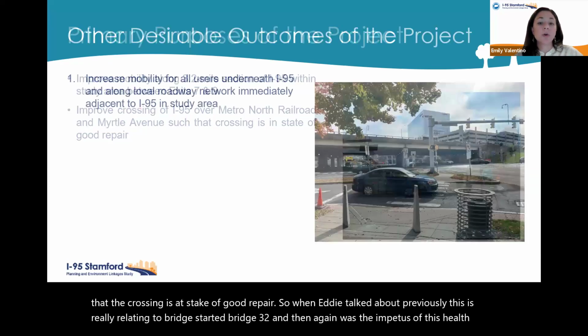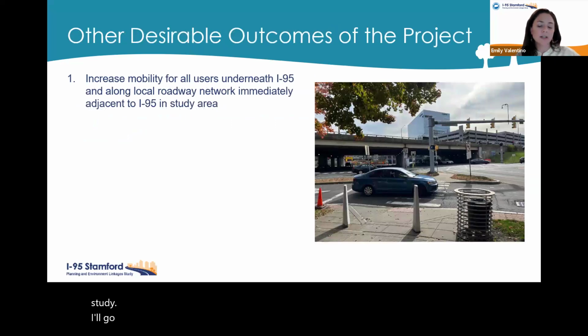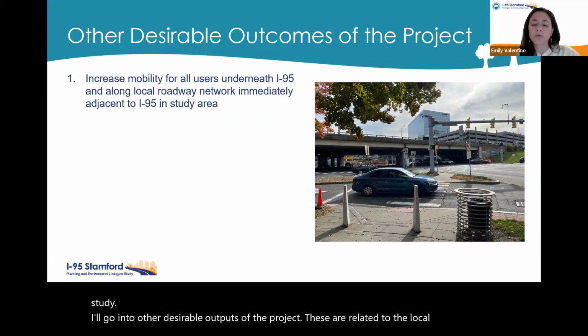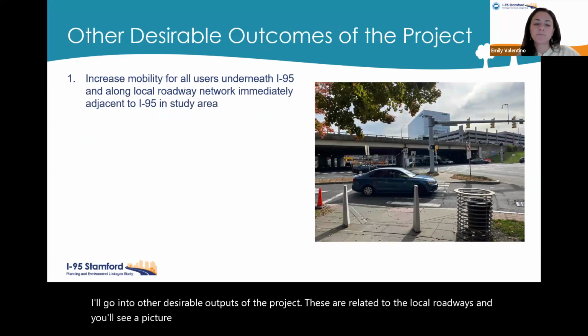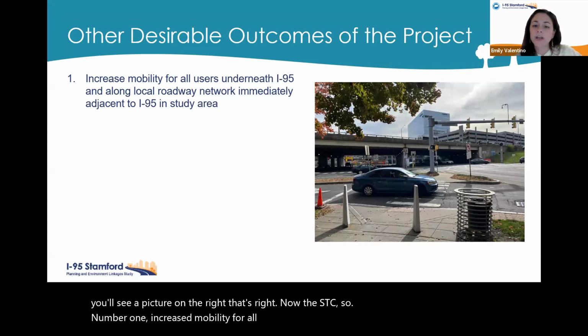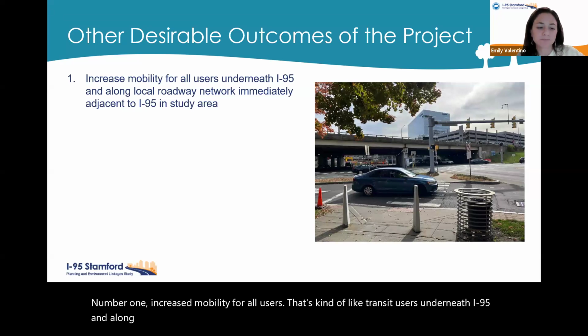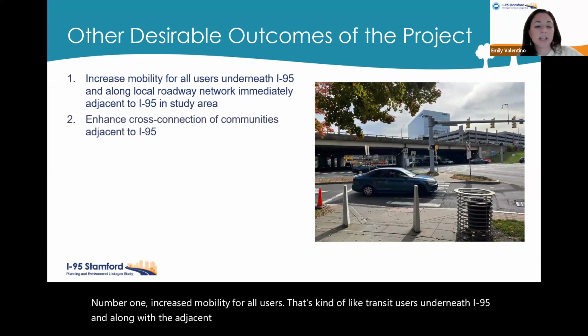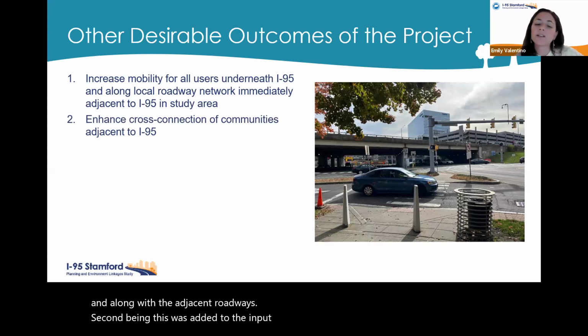Now I'll go into other desirable outcomes of the project. These are more related to the local roadways, and you'll see the picture on the right, that's right near the STC. Number 1, increase mobility for all users. That's pedestrian, bike, transit users underneath I-95 and along the local adjacent roadways. Second, and this was added due to input from the public, so thank you, to enhance cross-connection of communities adjacent to I-95.